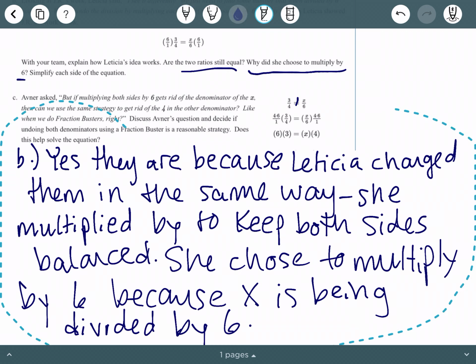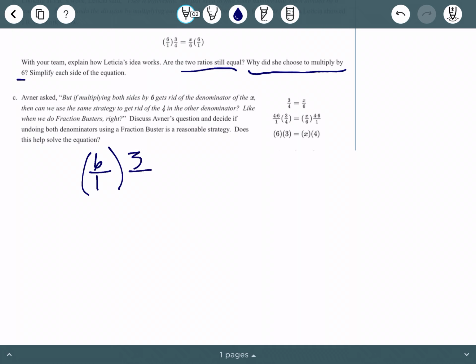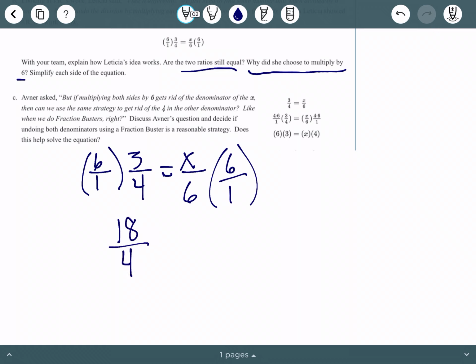All right, so let's go ahead and solve through this, or simplify both sides of the equation. I'm going to copy that down right here. We have 6 over 1 times 3/4 is equal to x over 6 times 6 over 1. On the left side I'm going to have 6 times 3, which is 18, so I have 18 over 4.